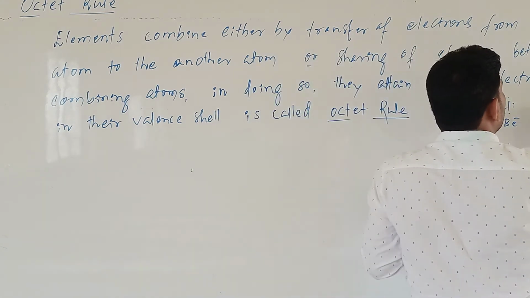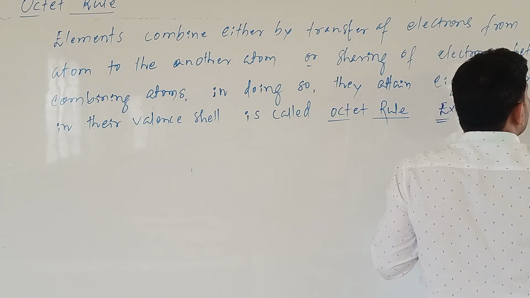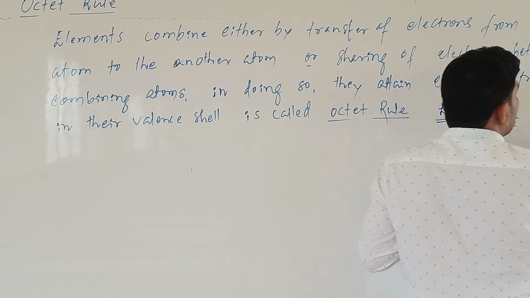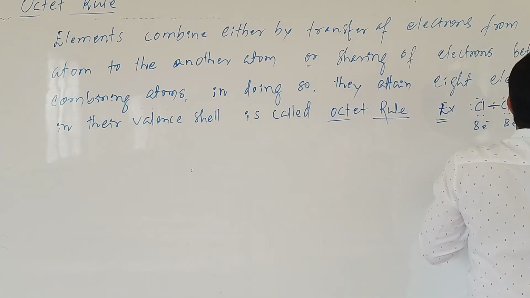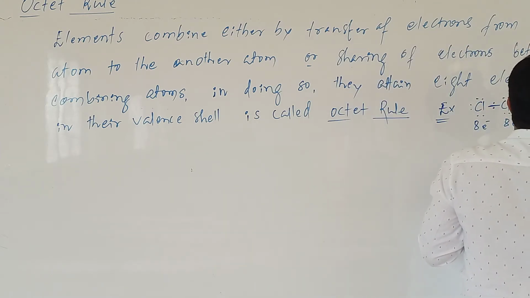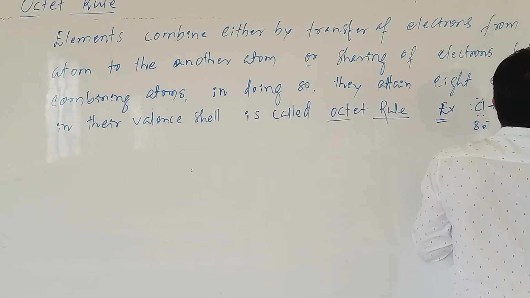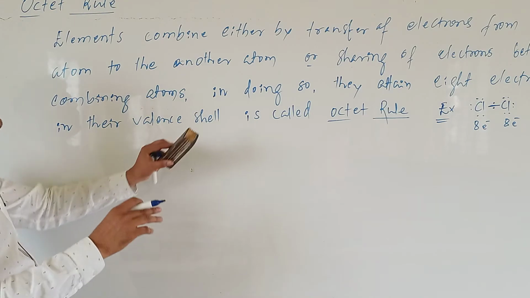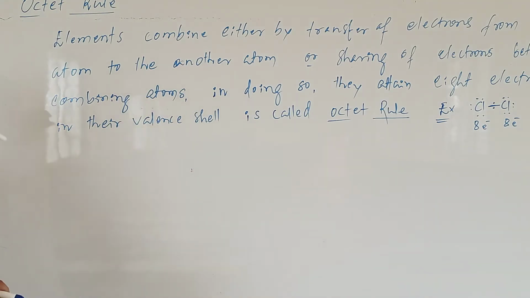And if you take sodium chloride as an example, sodium attained the 8-electron configuration by the loss of an electron, whereas chlorine gained the octet configuration by the gain of an electron, meaning Na+ and Cl-. This is how each element attains the octet configuration.